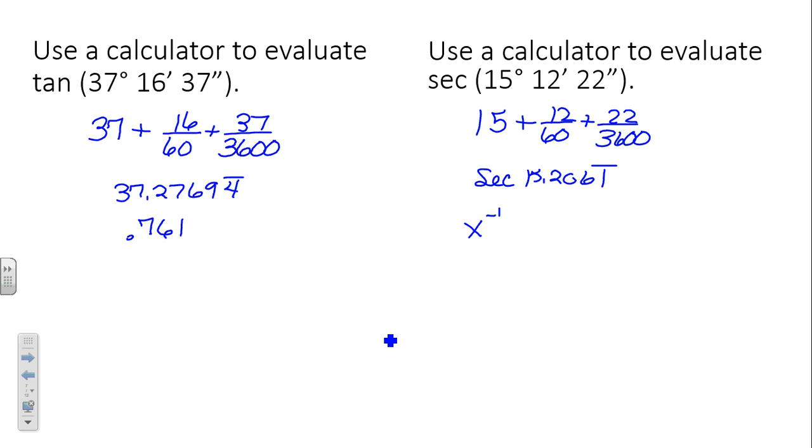Okay, so it's either 1 divided by cosine answer, or cosine of your answer to that x negative 1 power. Find the reciprocal of it. Find the inverse of it.